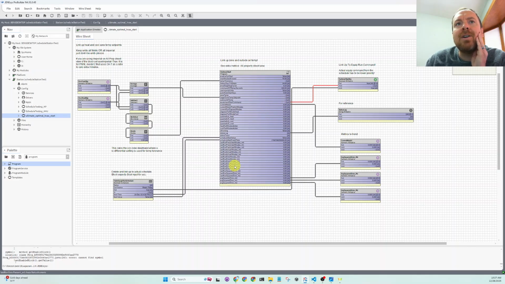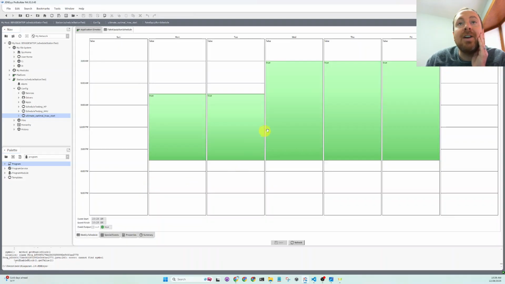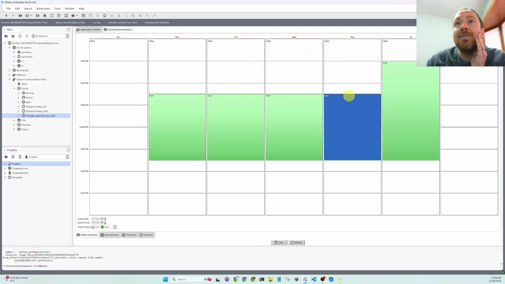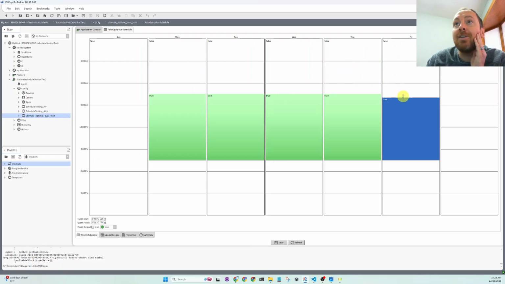What our block is doing is feeding in the next time that the building automation schedule changes state. In here, a value of true is occupied, and a value of false is unoccupied. So our optimal start algorithm has to look at that.